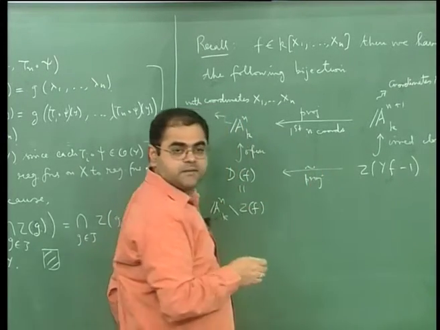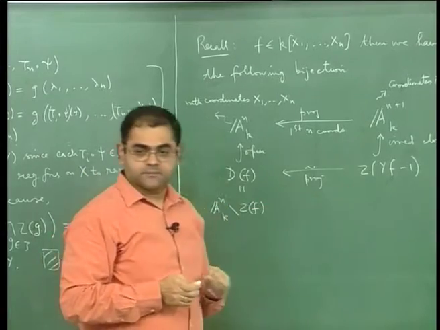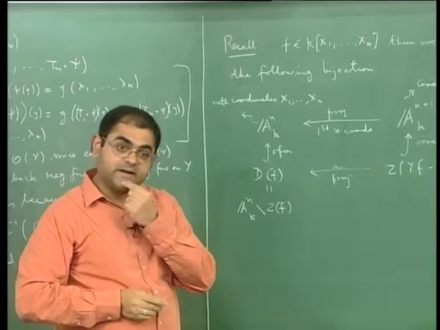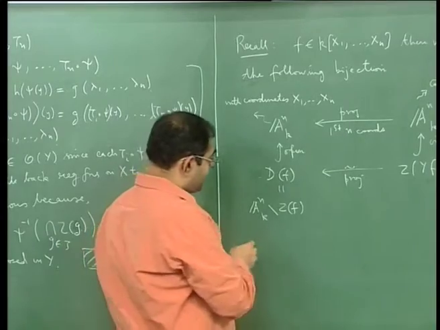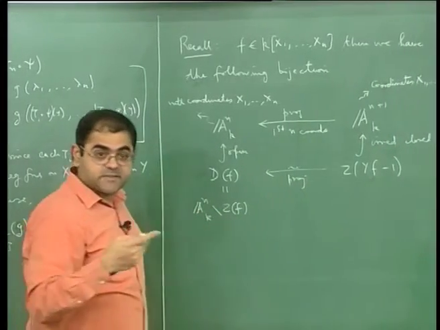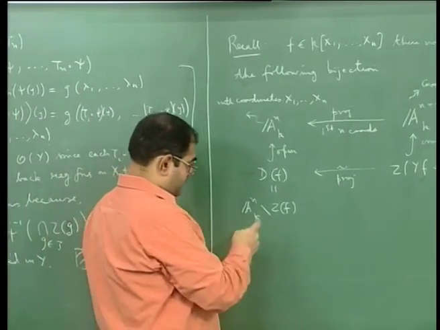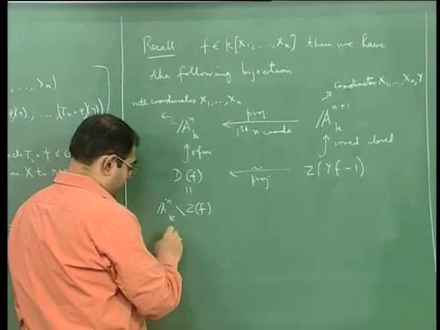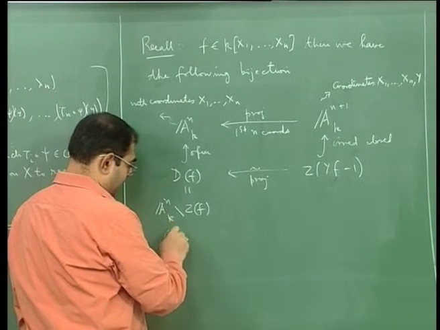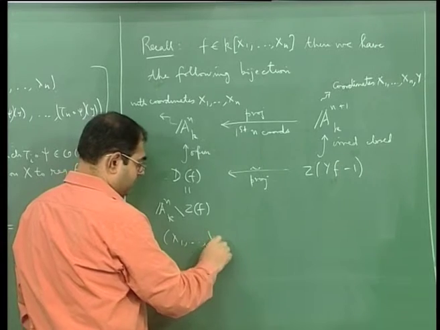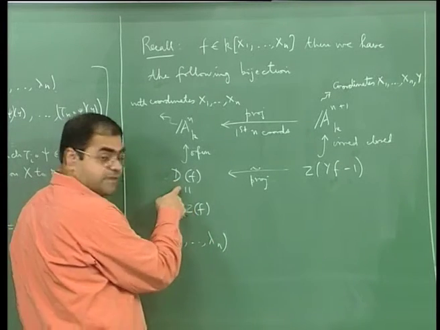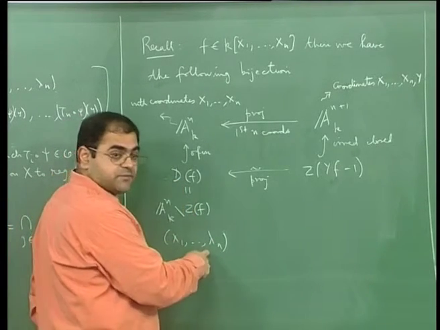Under the projection there is a bijective map from here to here. This is something that I told you, and in fact I told you that this bijective map is actually an isomorphism of varieties. Okay, in fact the map is very simply defined. You give me an element (lambda1, ..., lambdan) which is here, which means f doesn't vanish at this element.